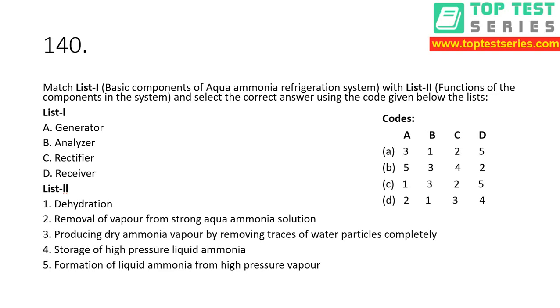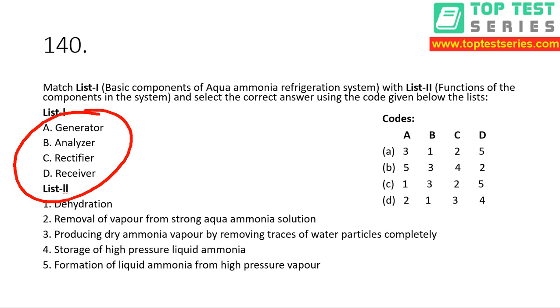Let's move on to question number 140. Match list 1 and list 2. We have been given the devices we use in case of VARS in place of the compressor in case of VCRS. That means we replace the compressor with these 4 devices.